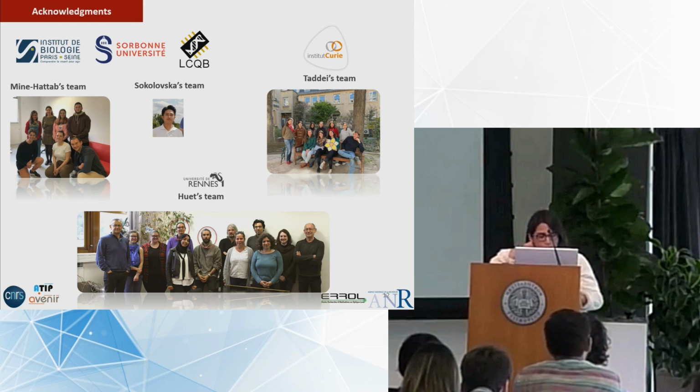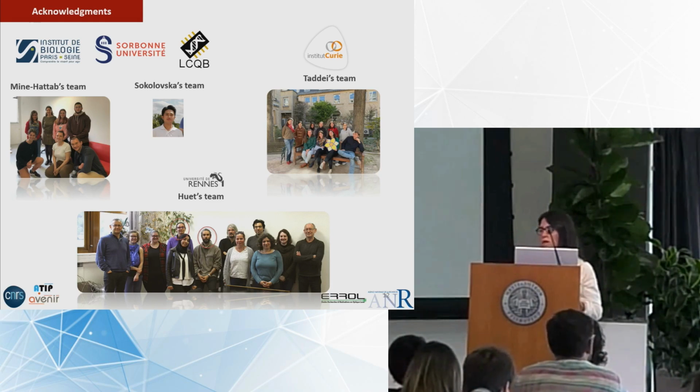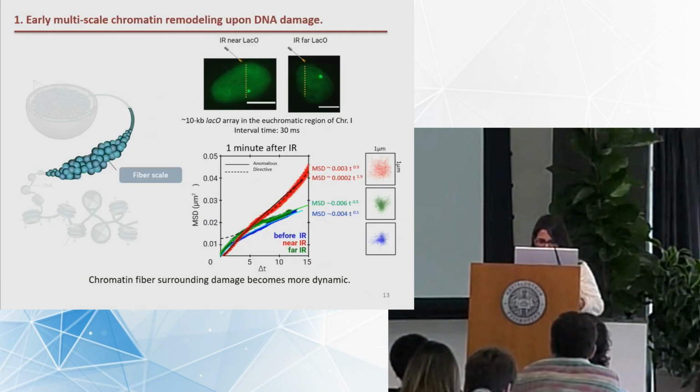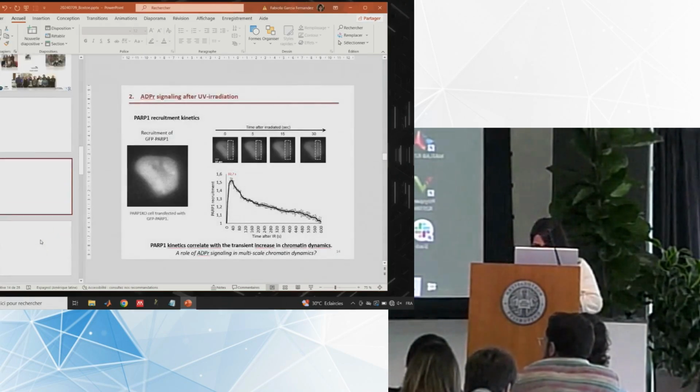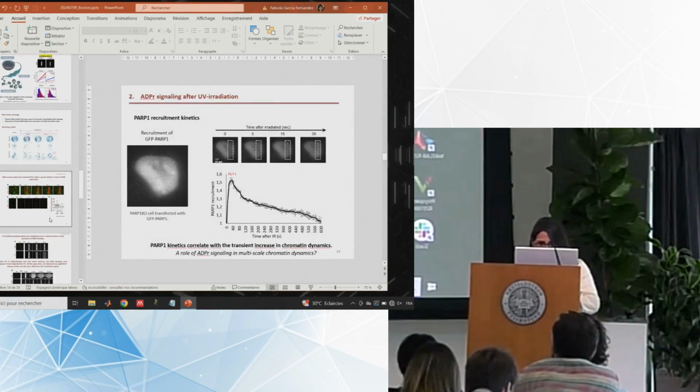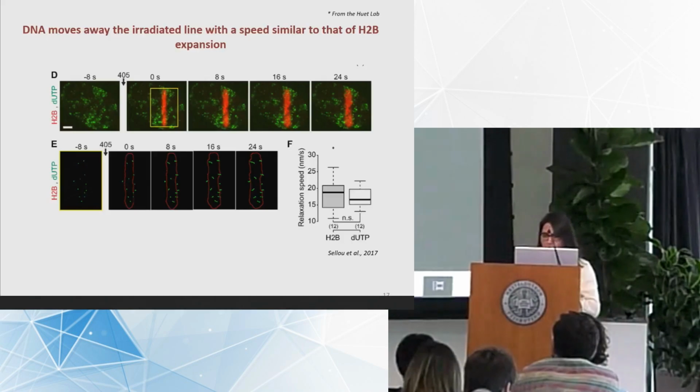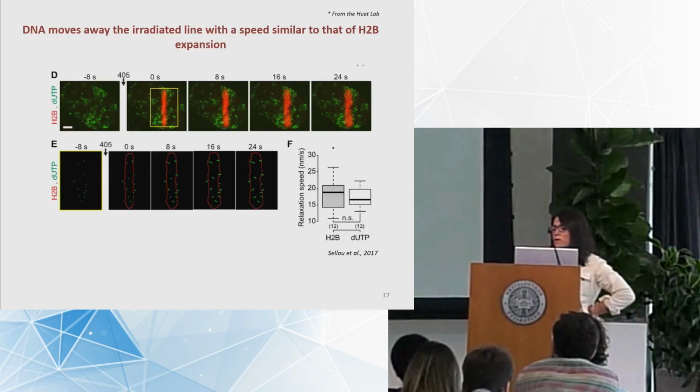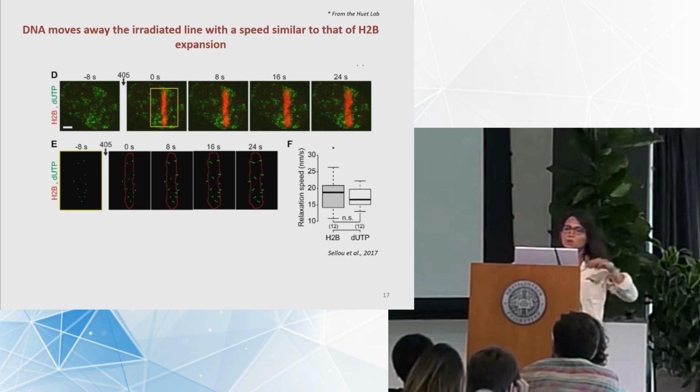And I didn't say, but we work with Sébastien Huet for this part. And in his paper in 2017, he showed that he labeled DNA, and he saw that DNA moves away from the irradiated line with a similar speed to that of H2B expansion.